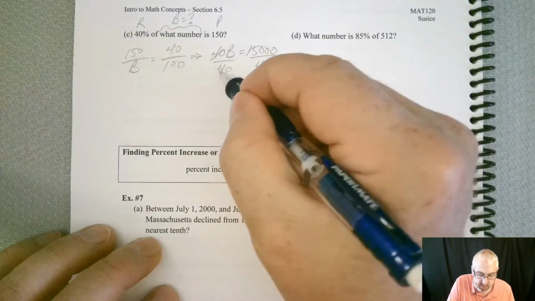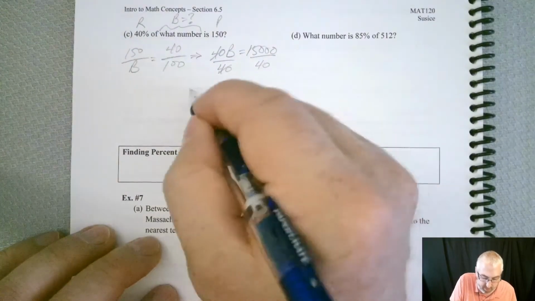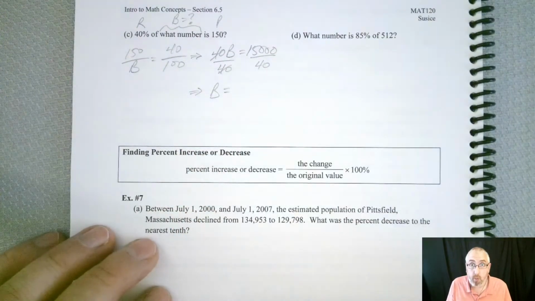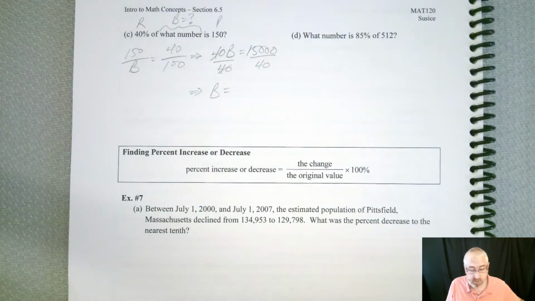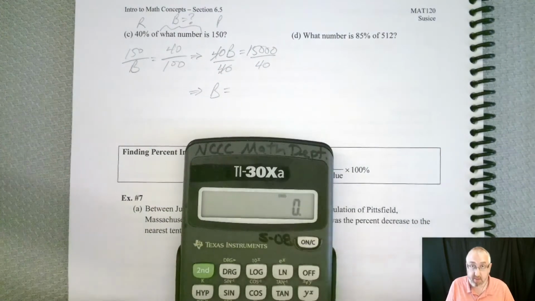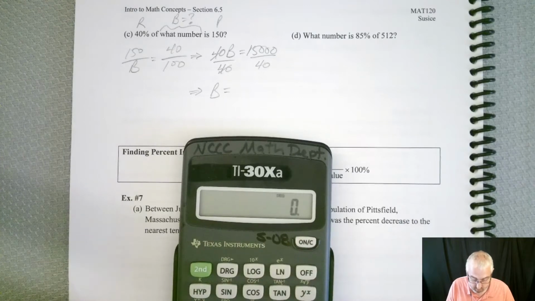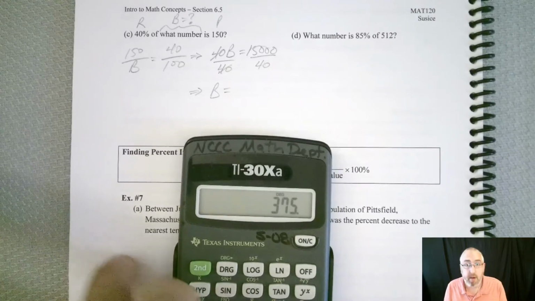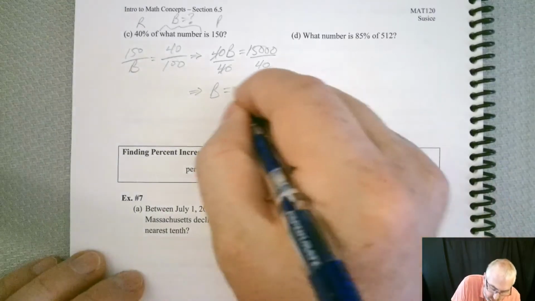So just make sure you divide properly. So B equals what? Well, if you're not sure, again, use your calculator. I think it's 375, but better double check. Nope, I was right. 375.